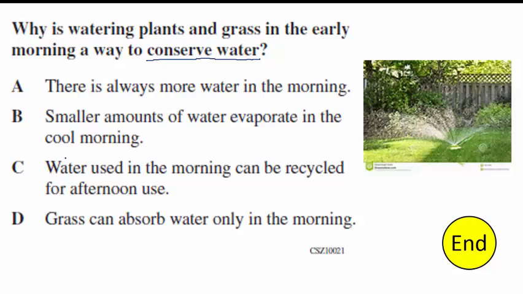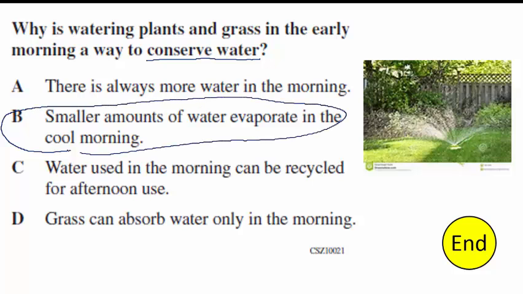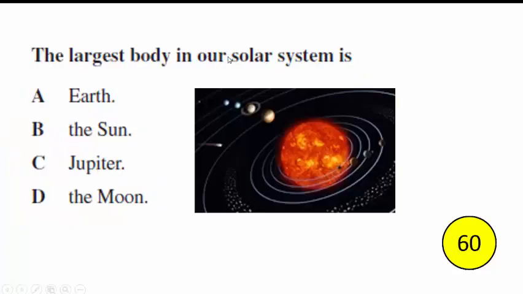So if most of it's being evaporated into the atmosphere, then not as much is getting into the ground. So we want to do it in early morning or at sunset because it's actually cooler, so not as much water gets evaporated. The choice in this case is letter B. So if you didn't know that, there you go. Next question, 60 seconds. Begin.